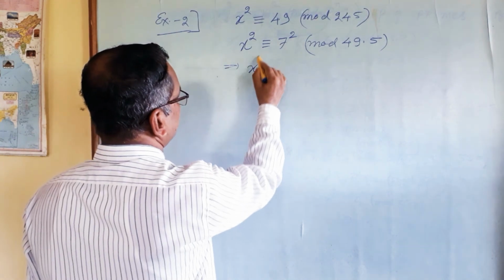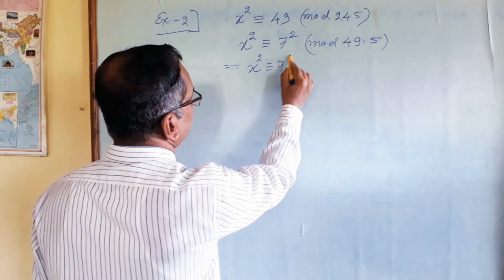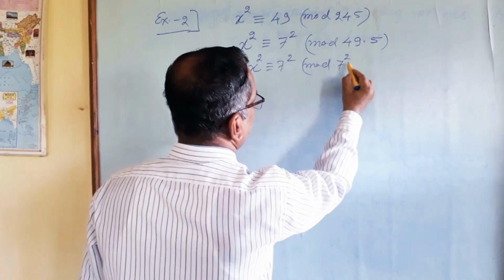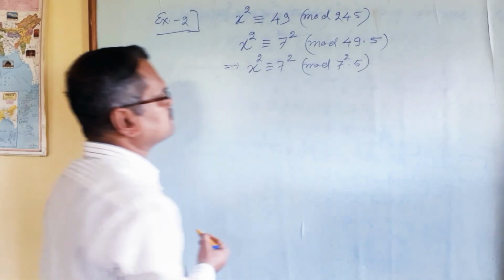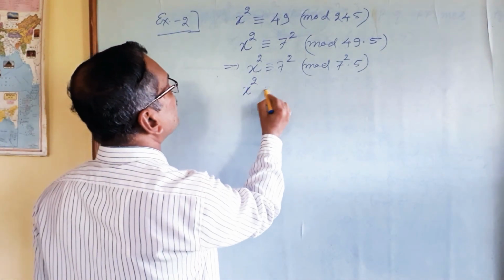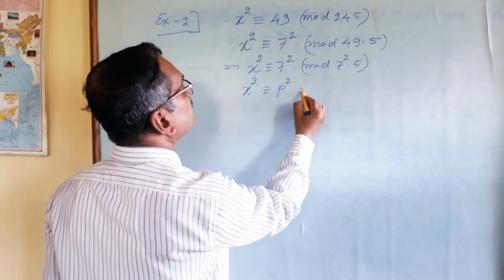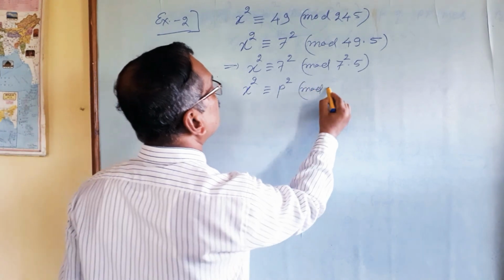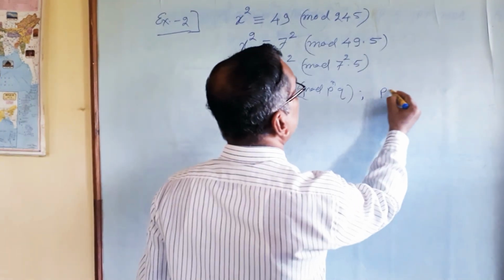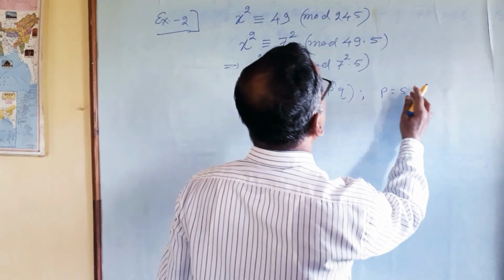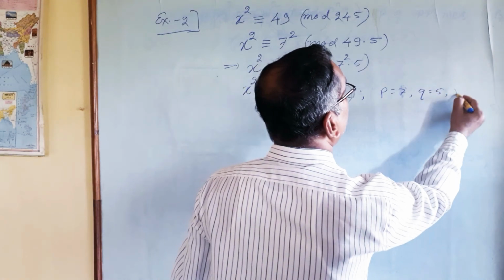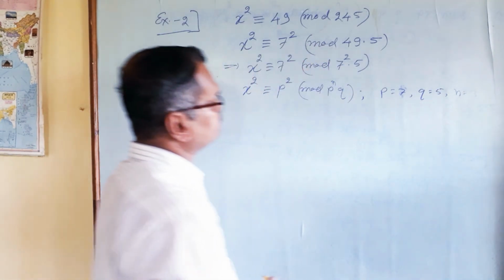That means x square congruent to 7 square mod 7 square into 5. So it is of the type that x square congruent to p square mod p power n q. Here our p is equal to 7 and q is equal to 5 and our n is equal to 3.